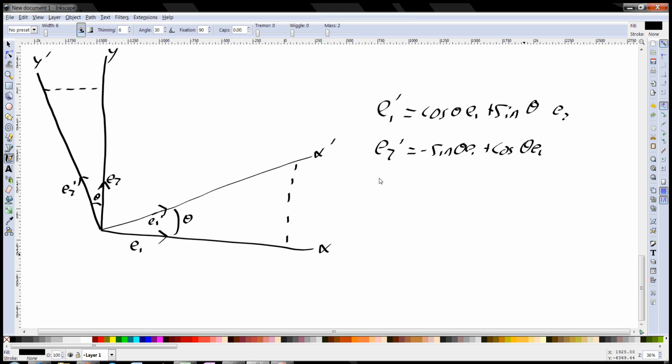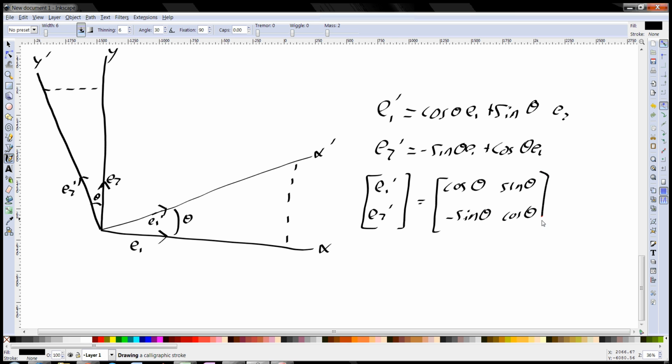So writing those equations in matrix form, E1 prime, E2 prime, equals cosine theta, sine theta, negative sine theta, cosine theta, times E1, E2.